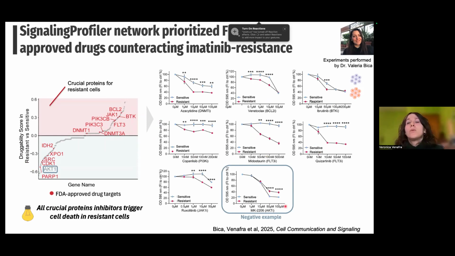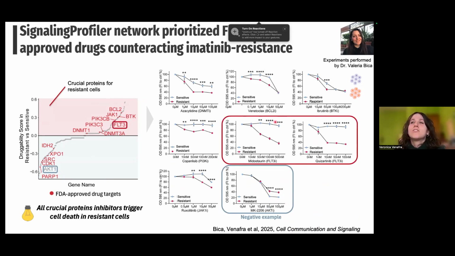And importantly, we also validated the opposite. So negative druggability score induced the opposite response, so stronger cell death in sensitive cells. So these results suggest that the topology of Signaling Profiler networks can be used to identify drug targets. But to make this long story short, that was published just last week, we noticed that the strongest experimental effect was displayed by the FLT3 inhibition.